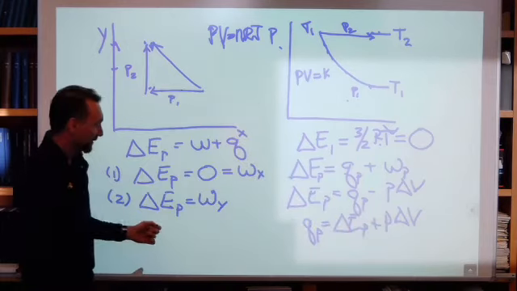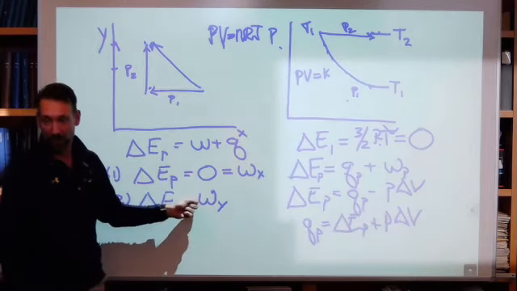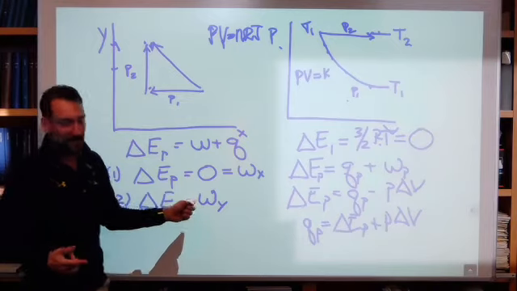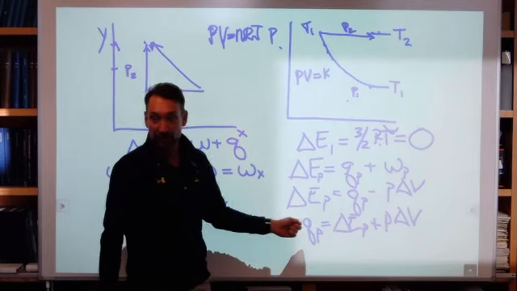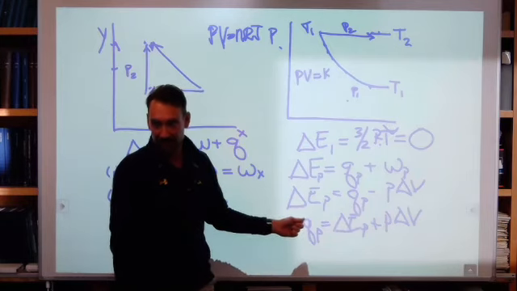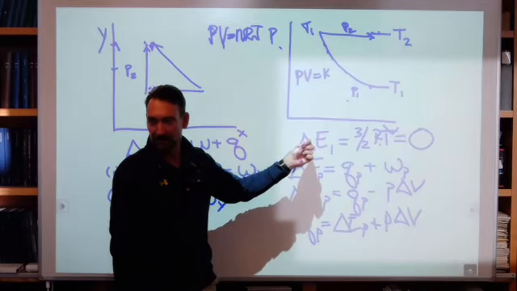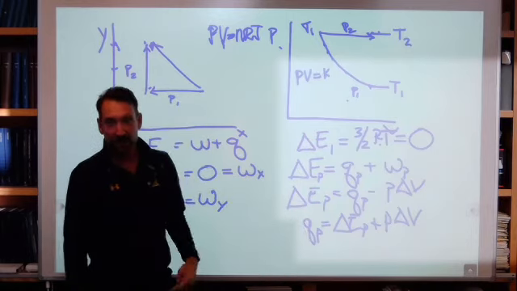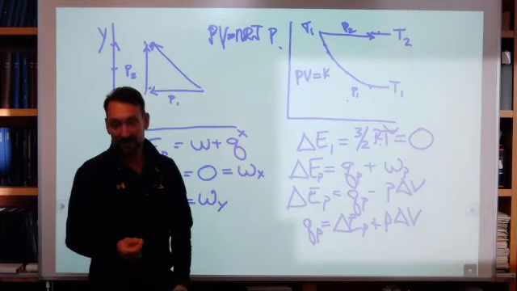That's the same thing we said over here. The y component of the work is a state function. The x doesn't help you. Same thing over here. The pressure component of the heat is a state function, but the temperature component of the heat was not.